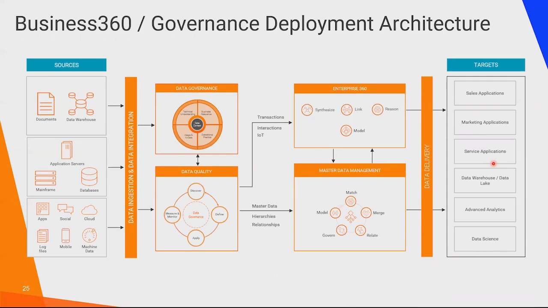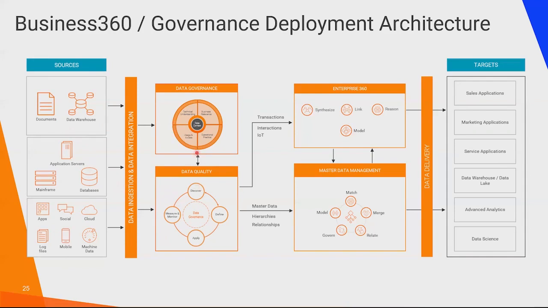So this is an example where you come across various software technologies coming together to solve this larger problem, where you have all your source systems that are being ingested through data integration and data ingestion processes, and they are feeding into both data governance and data quality applications.